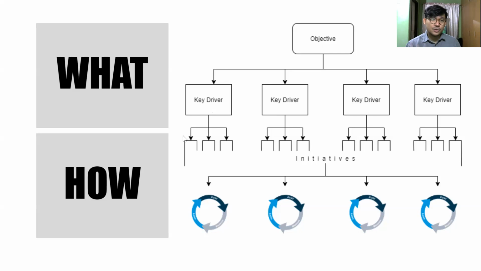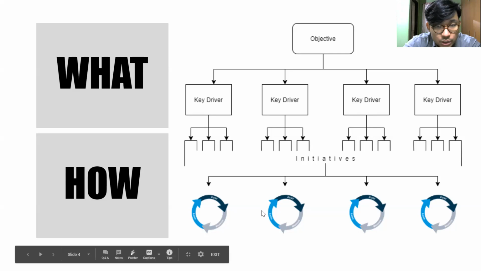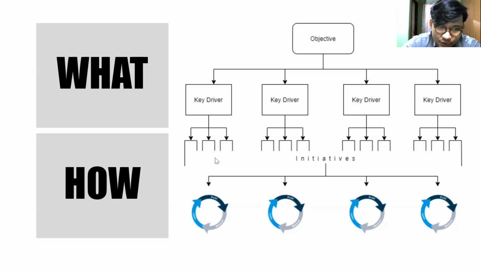So the question is, when do you stop? You stop when you have a variable which you can directly influence, which you can directly impact through your initiative. Which is your how. Your how is all about creating, if this is my variable, what are the different initiatives and actions that I can do to move this metric in the direction that I want it to go.